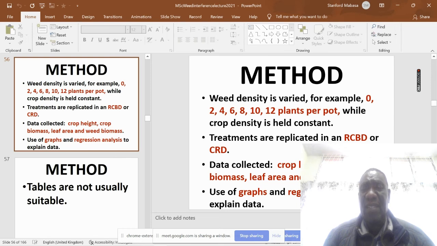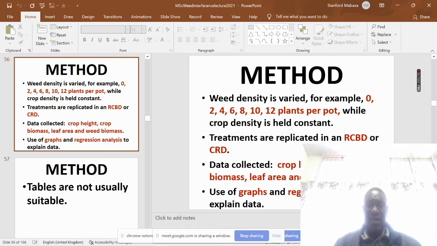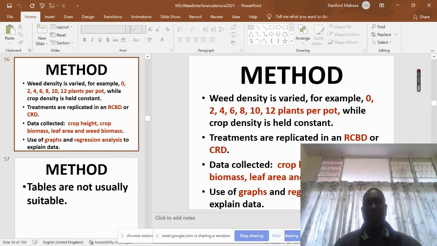The treatments have to be replicated in an RCBD or a CRD. The data collected is crop height, crop biomass, leaf area, and the weed biomass. But in most cases, we aim for crop biomass.